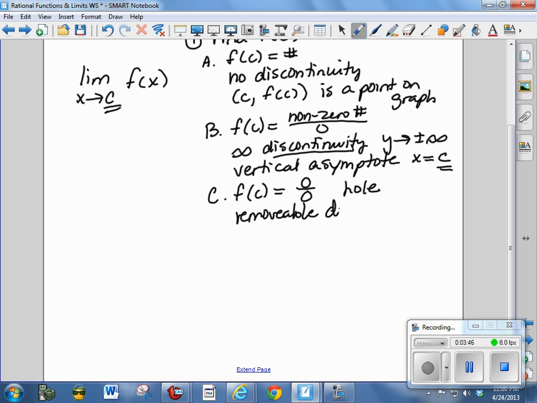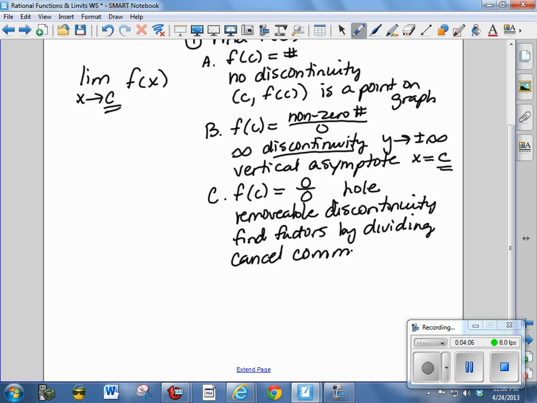When I have a removable discontinuity, I'm going to find factors by dividing, cancel the common factor, and take another limit. f of c is then going to be the hole in the graph.